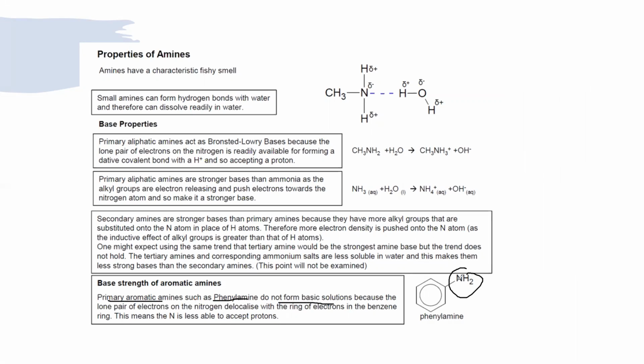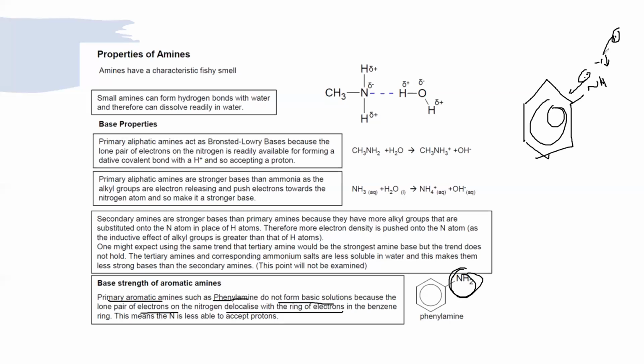Why? Because the lone pair of electrons is actually added to the benzene ring, increasing the electron density of the benzene ring, which gives it less tendency to accept the proton. So there is a lone pair, and this lone pair is shifted more towards the benzene ring, which makes the nitrogen less negative. It is less negative, so it cannot accept protons.